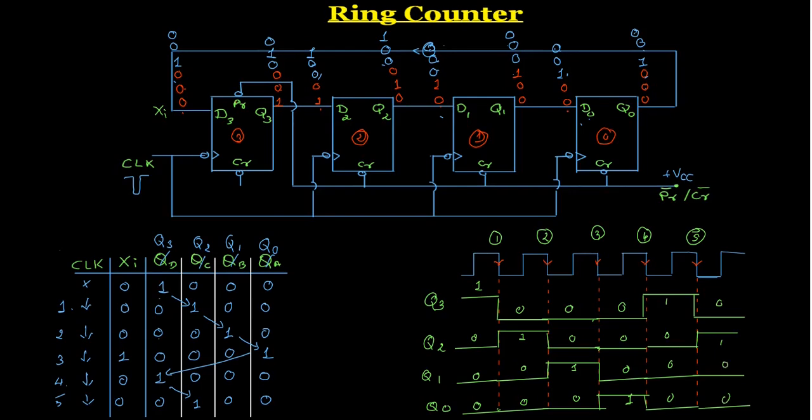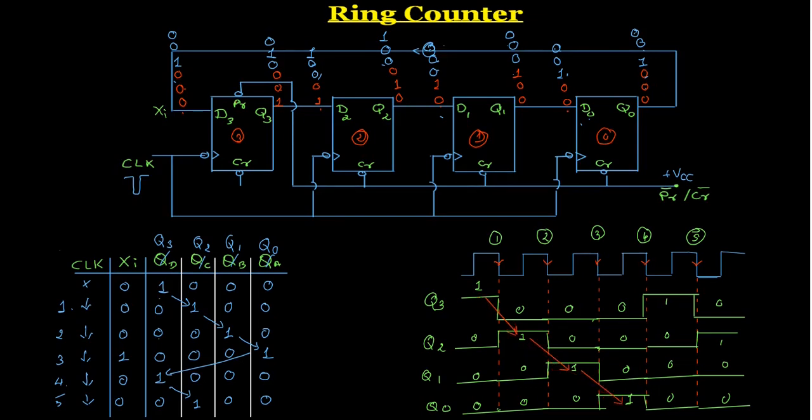Here you can see that the first high level we had stored in flip-flop number 3 is transferred to flip-flop number 2, then transferred to flip-flop number 1, then transferred to flip-flop number 0.